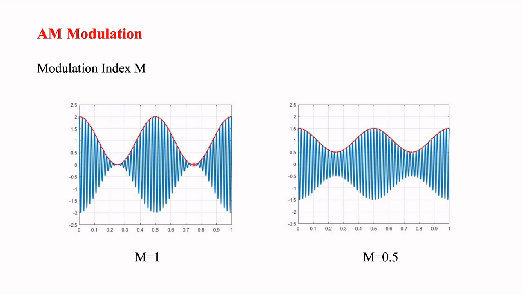On the other hand, if the modulation index is half, we can see that the carrier signal amplitude goes to half its value, which is half, and then goes up again. This is basically the effect of the modulation index.